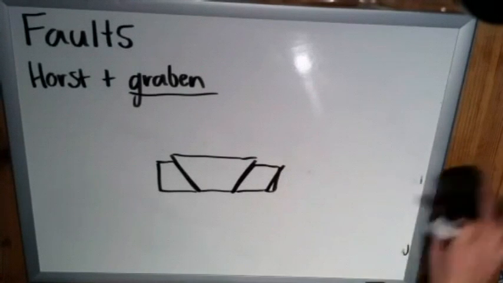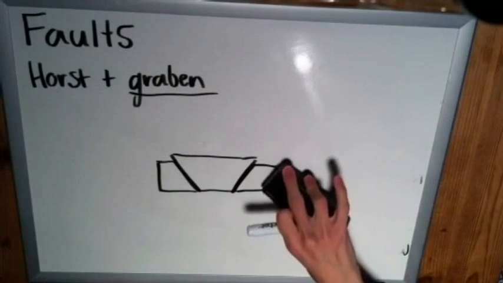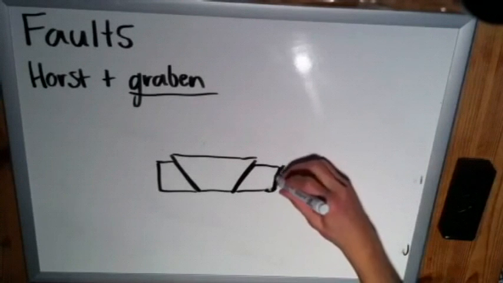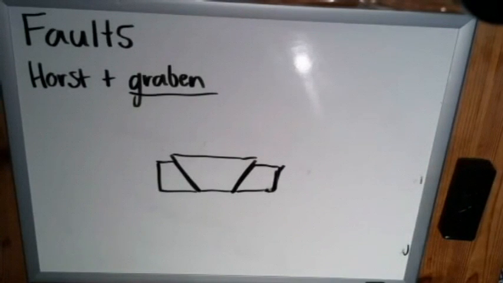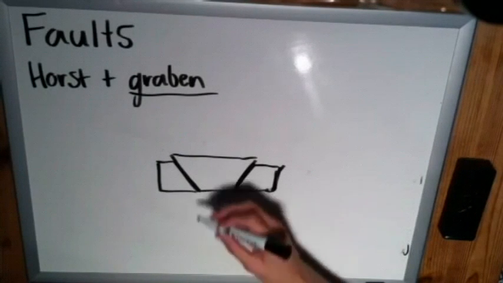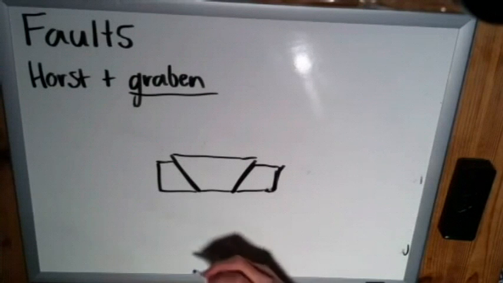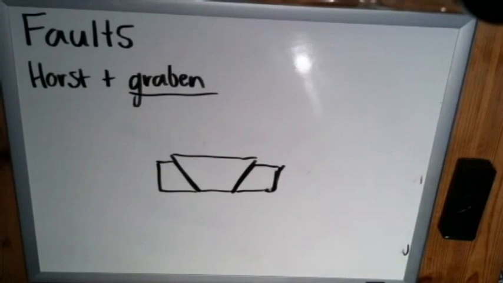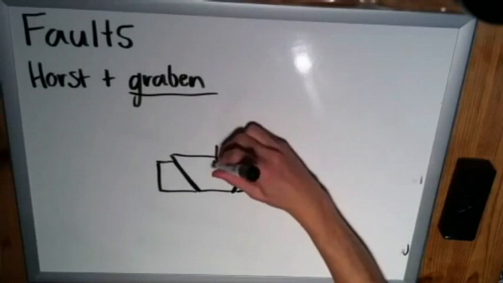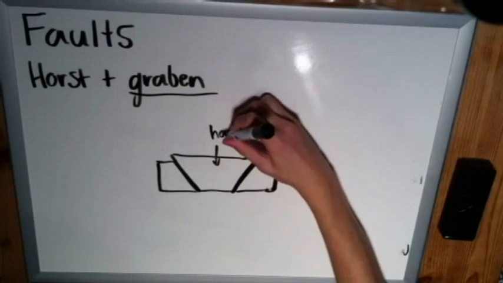So specifically when we have a case like this, where it's three blocks, one hanging wall, or it could be one footwall, I suppose, but one block is shared by two faults, you'll get something that looks like this. So the one in the middle was upthrown, this shared hanging wall. But specifically, in this case, we would call this a horst.